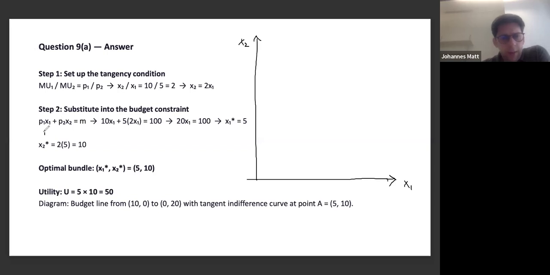So I could write x2 is equal to, what is it equal to? M, right? My total budget over P2 minus P1 over P2 times x1.